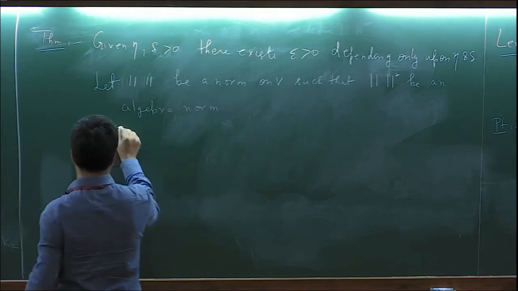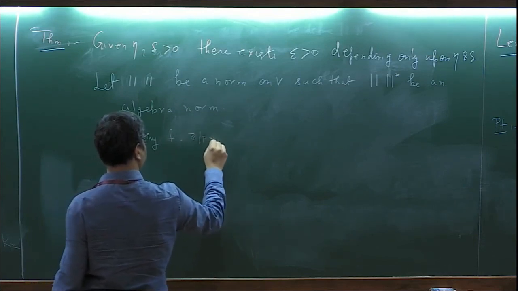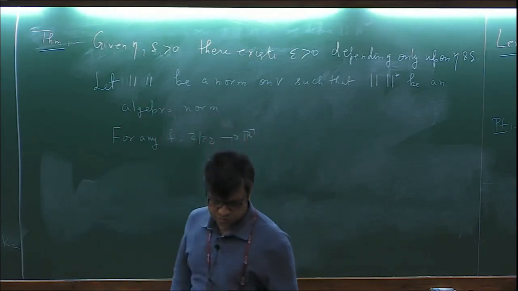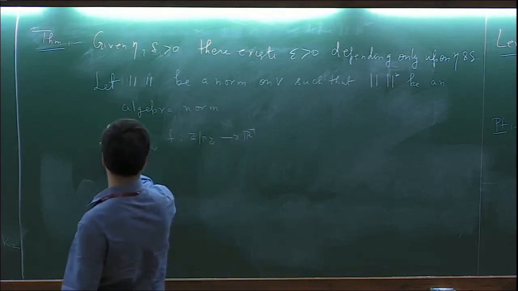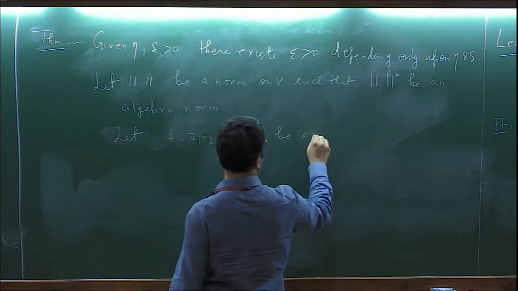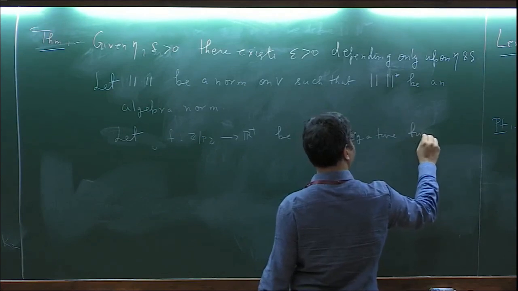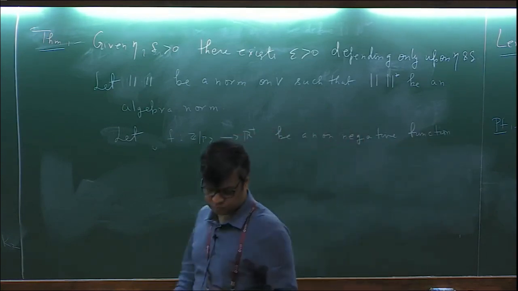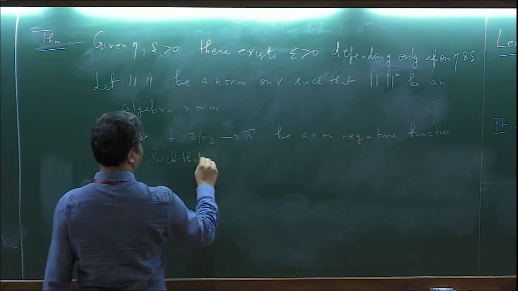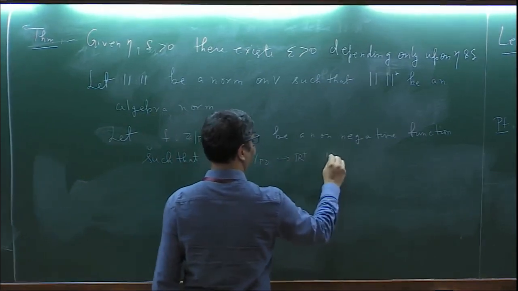Then let f, a function from Z mod Pz to R plus, be a non-negative function such that there exists v from Z mod Pz to R plus with the following properties.